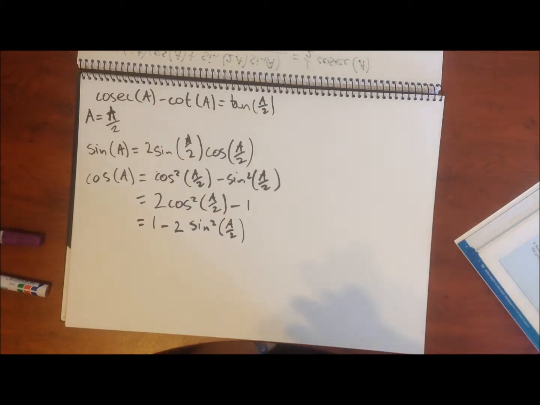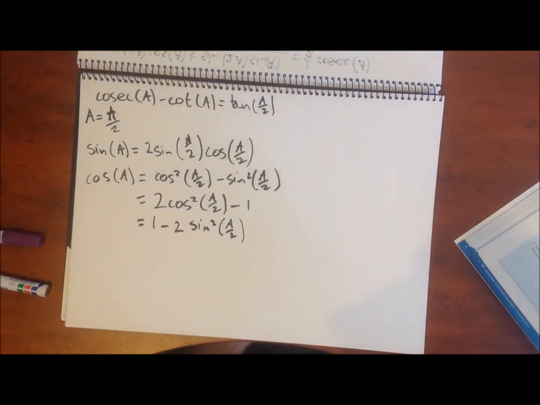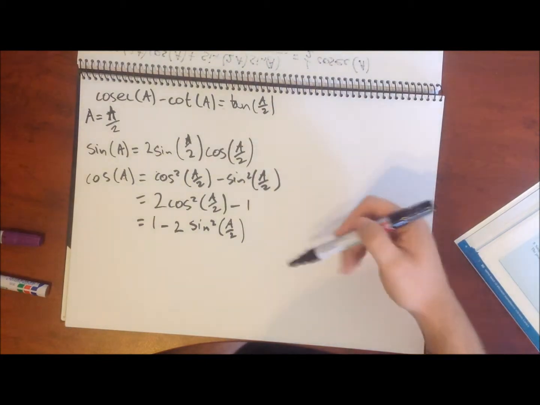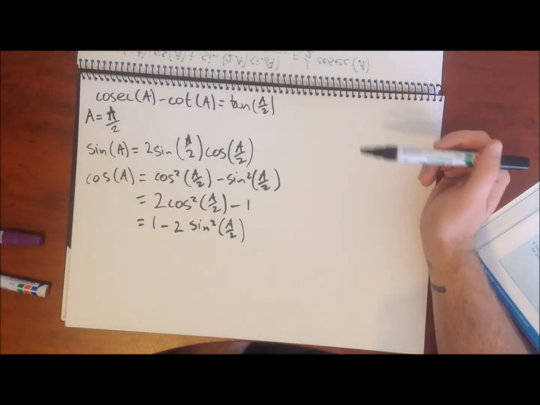Okay, so we're using those double angle formulas, but now what we've got is what we call our half angle formulas. So we've got half angle formulas for these ones. What we're doing is we're looking at using our formulas here to get to this problem.